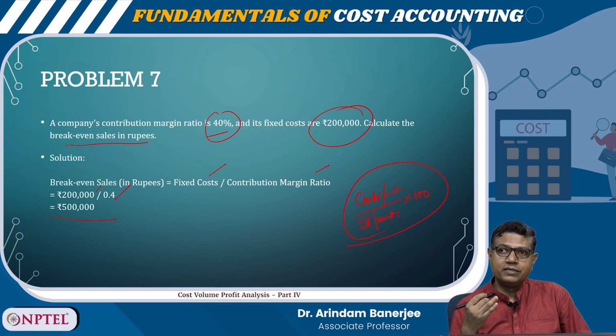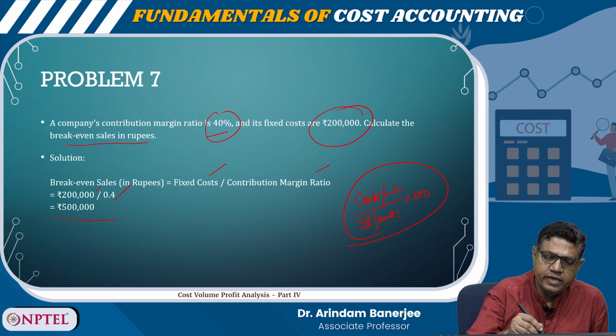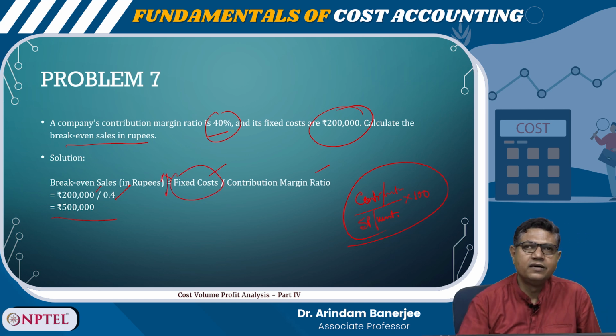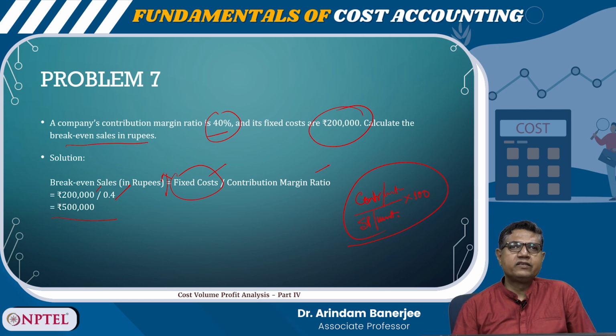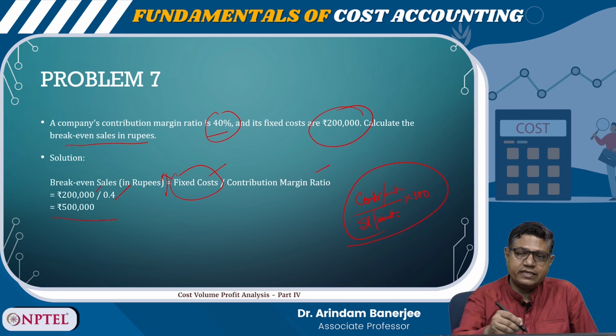Now, one thing you must have noticed here is that in this equation, if the fixed cost element is high, then the level of break-even sales is supposed to increase at the same contribution margin.